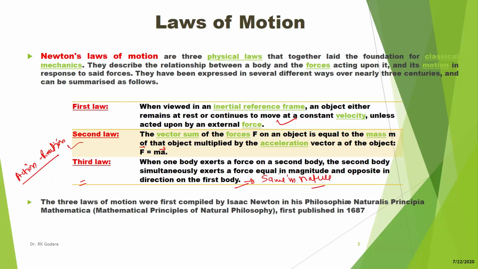Means if we are talking about tension, then the action-reaction pair will be tension only. If you are talking about the reaction of a compressive force, then the action-reaction pair will be compression. They always act on different objects, not on the same object.